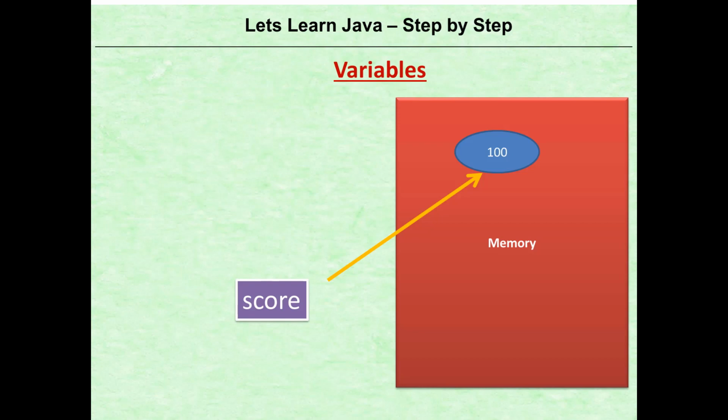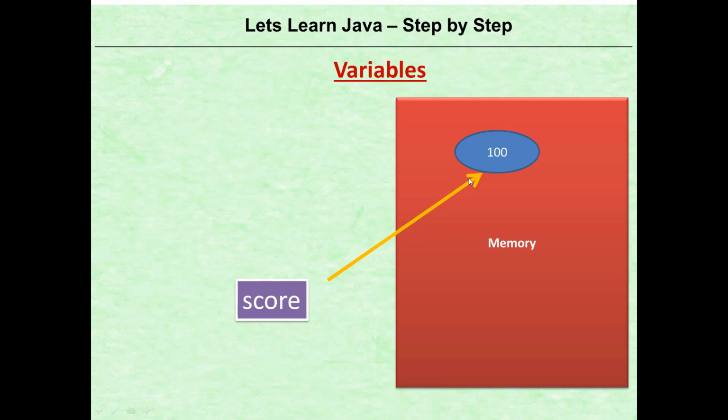Whenever you say score, the system will always be referring to this space in memory where it has stored some value that is referred to by an identifier called score.